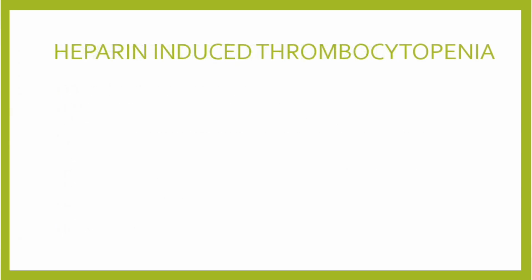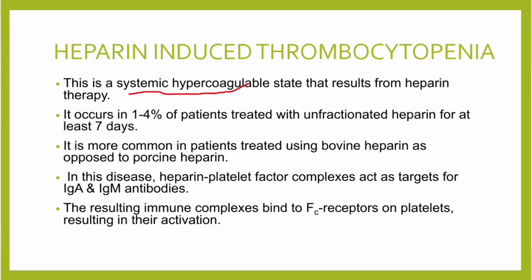Right, heparin-induced thrombocytopenia is one of the main side effects, right? So this is a systemic hypercoagulable state that results from heparin therapy. It occurs in 1 to 4% of the patients treated with unfractionated heparin for at least 7 days.